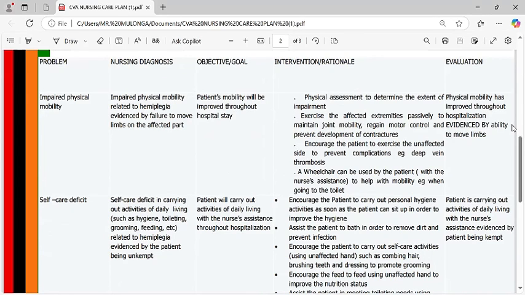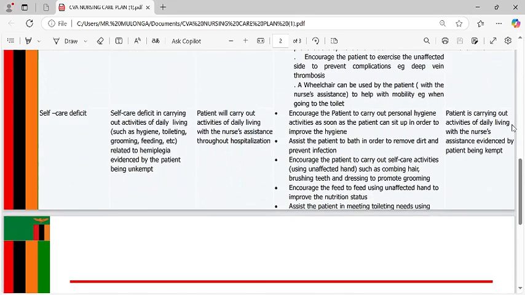So just like that, straightforward. Our goal was to make sure that the physical mobility has improved, and our evaluation will be that physical mobility has improved throughout hospitalization. And what is the evidence? This patient is able to move their limbs.